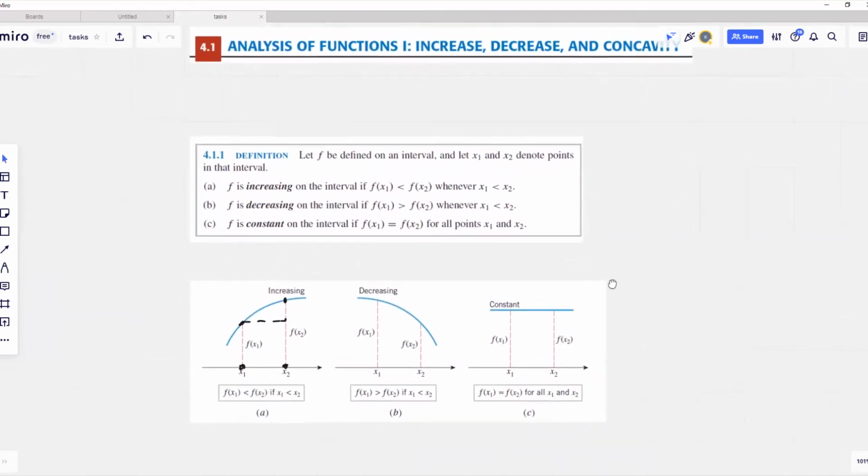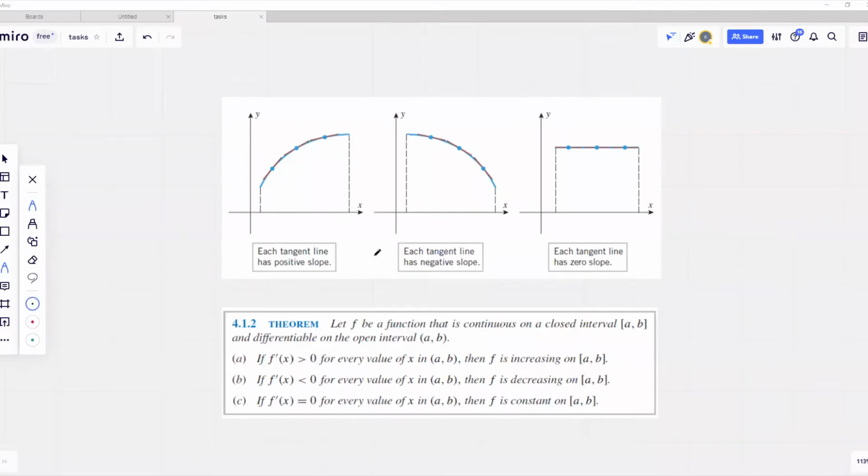And now let's take a look at the following graph. Let's study the following figure.